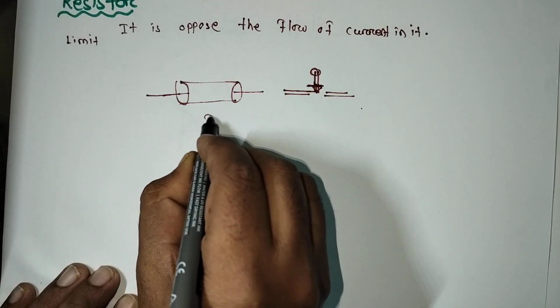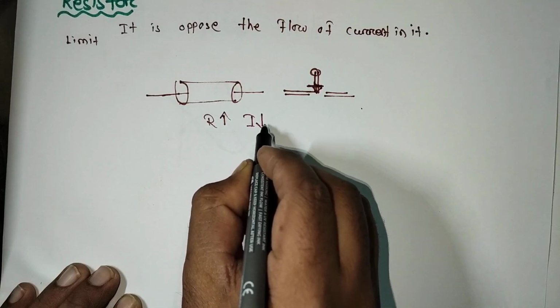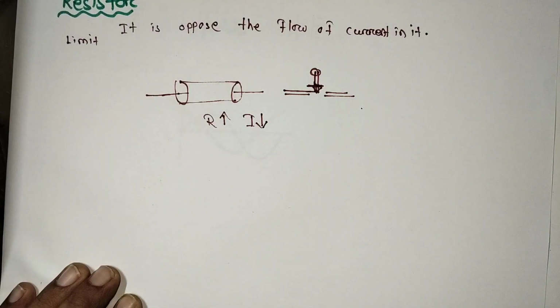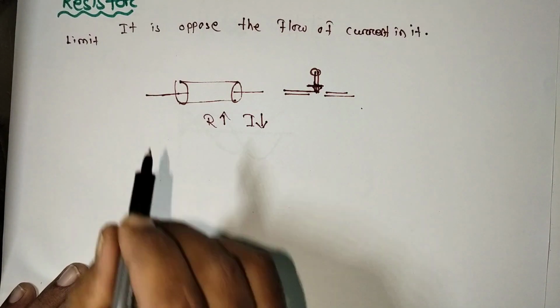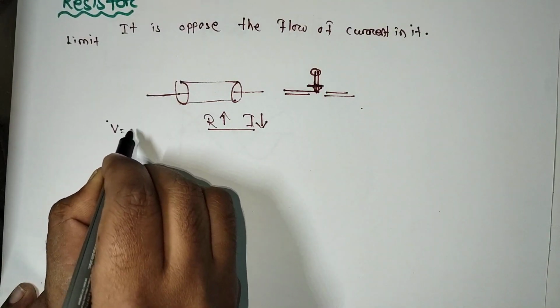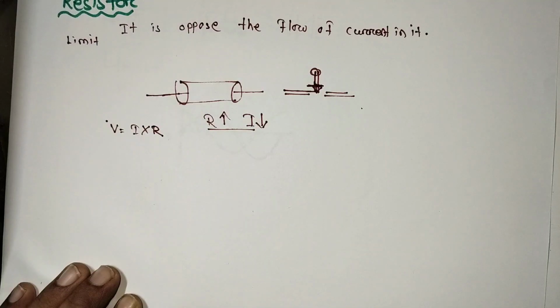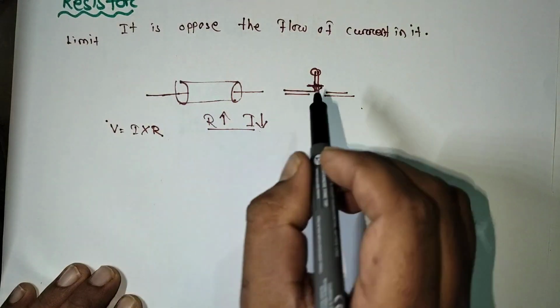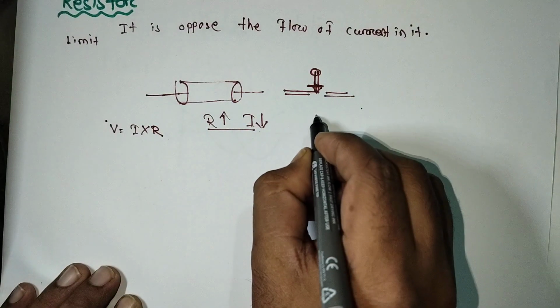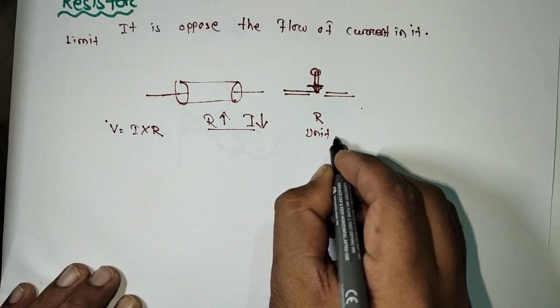When the resistance increases, the current decreases. This is derived from Ohm's law, V equal to I into R. Resistance is denoted by R, and its unit is Ohm.